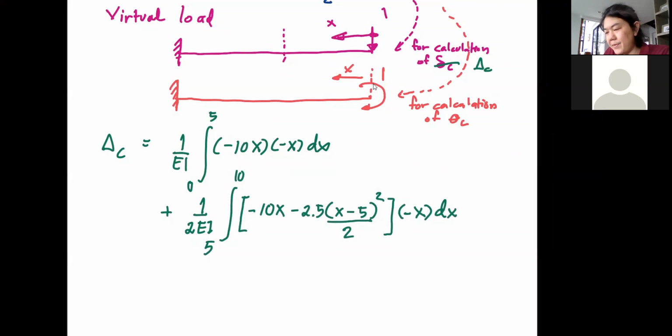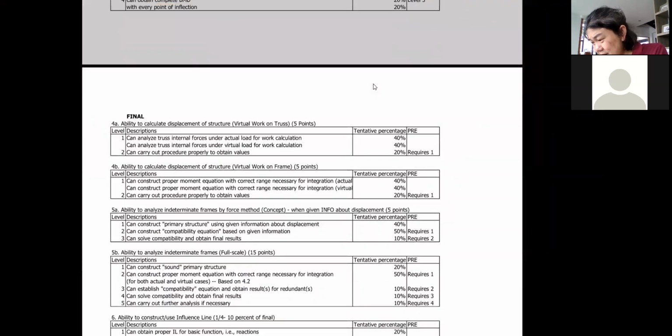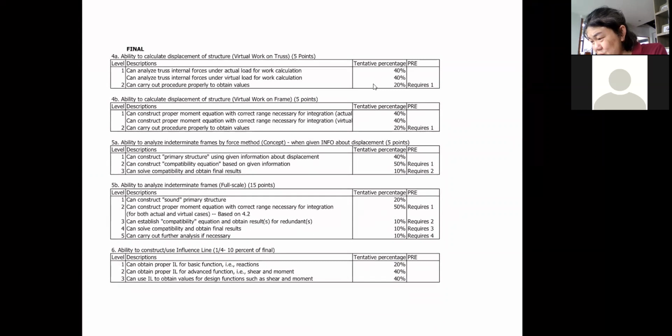So I tend to give a lot of percentage up until this point. I don't remember, but we can look. Now we are dealing with virtual work. If we are going to calculate the virtual work alone on truss or frame, you see here.